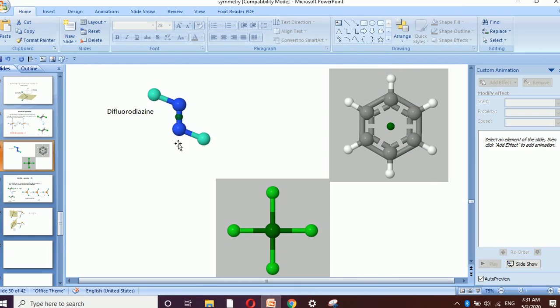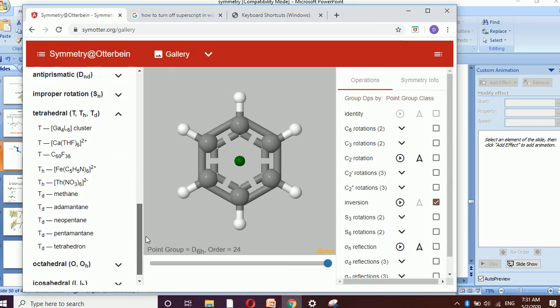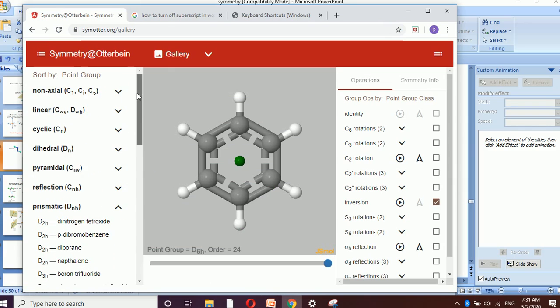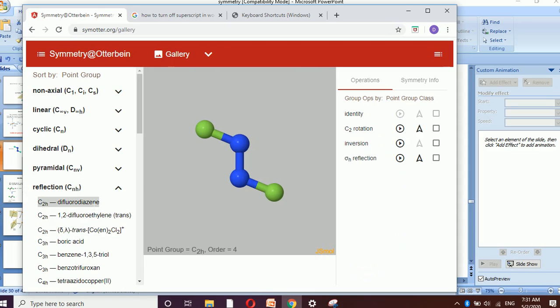You see difluorodiazine. The next molecule is difluorodiazine. In this molecule, this is the inversion center.